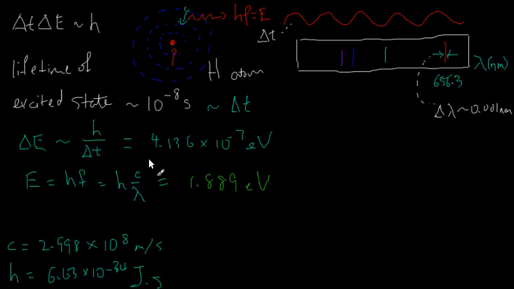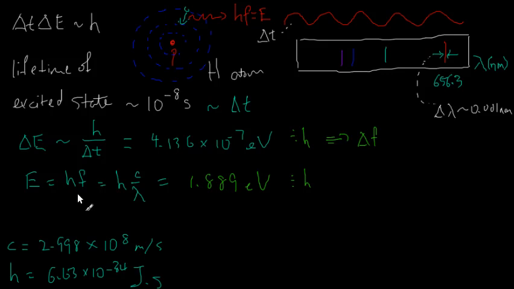Because we know that E and f are just related directly. It's just h over f. So all I need is to divide each of these by h. If I divide delta E by h, I'll get delta f.